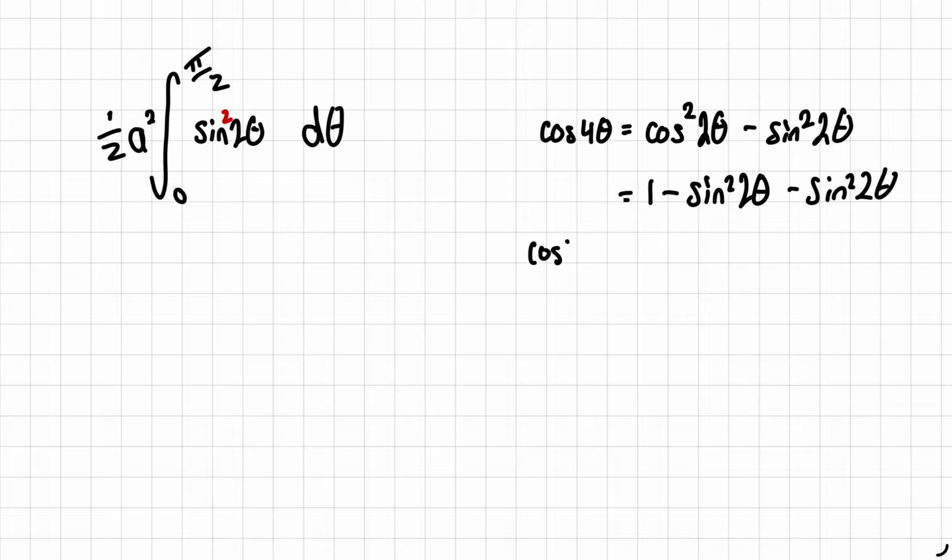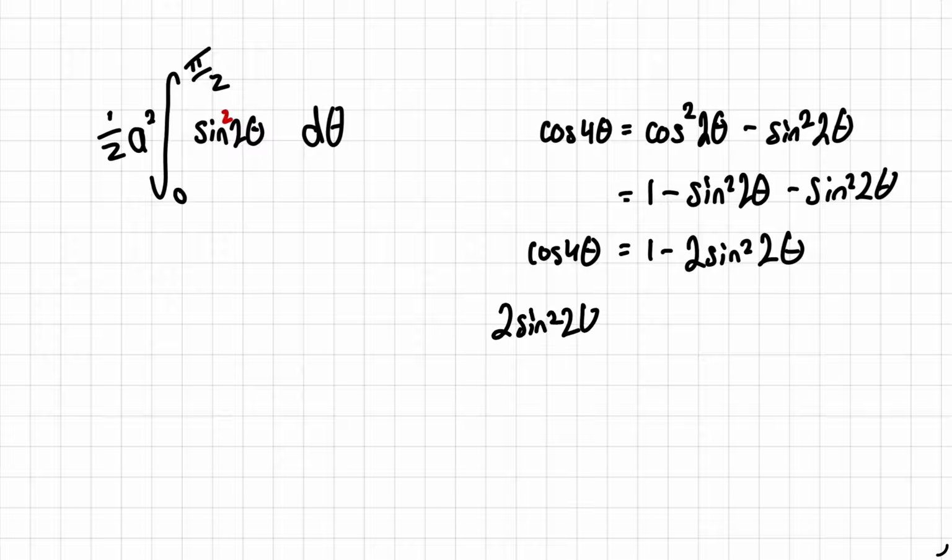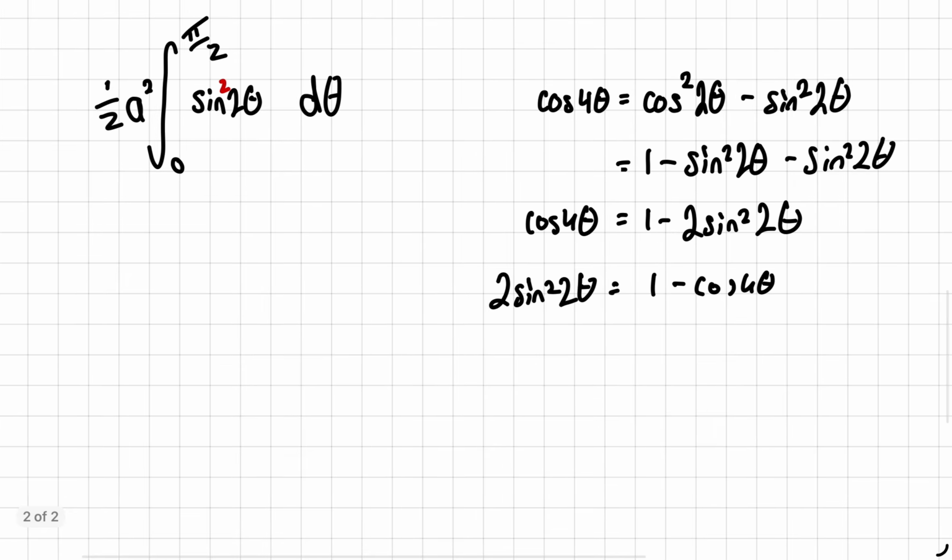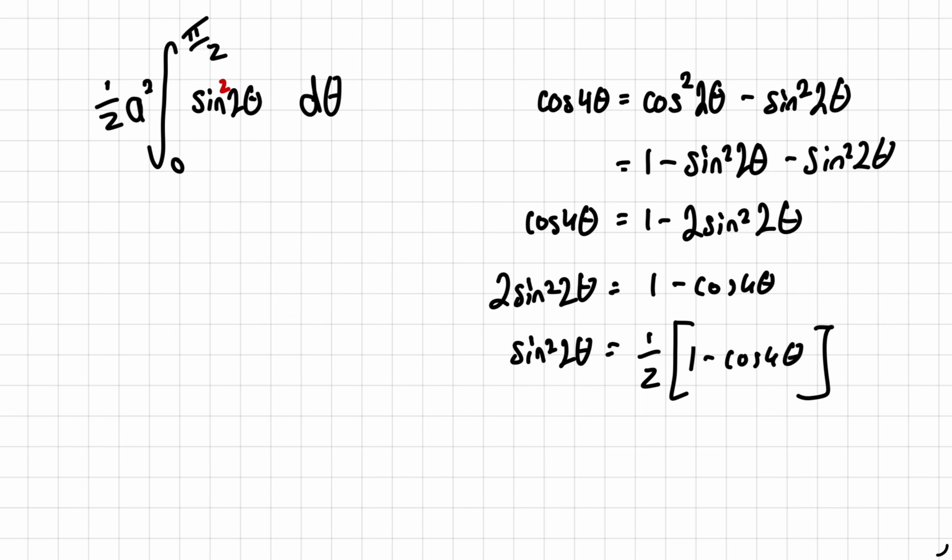So cos 4 theta equals 1 minus 2 sine squared 2 theta. So a bit of rearranging, we're going to get 2 sine squared 2 theta equals 1 minus cos 4 theta. And we're looking for that sine squared by itself. So sine squared 2 theta equals a half times 1 minus cos 4 theta. So we can put that in.